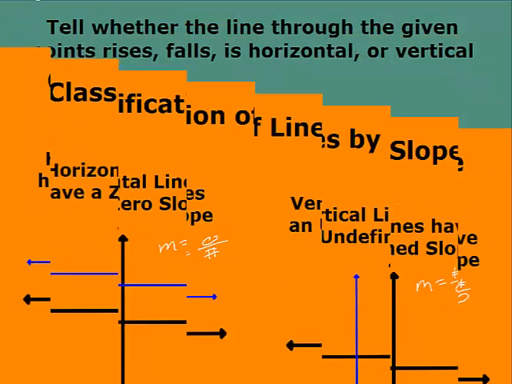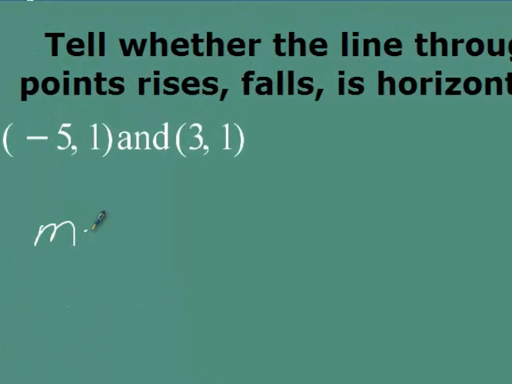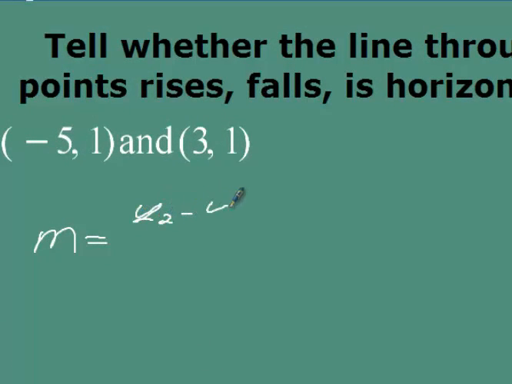So they're just going to be asking you to calculate the slope. So a problem like this: tell whether the line through the given points rises, falls, is horizontal or vertical. So what you need to do is just find the slope. Our slope formula is y2 minus y1 over x2 minus x1, right? So what does the y sub 2 stand for?